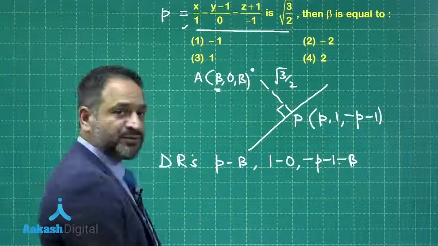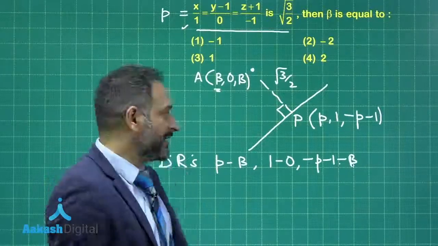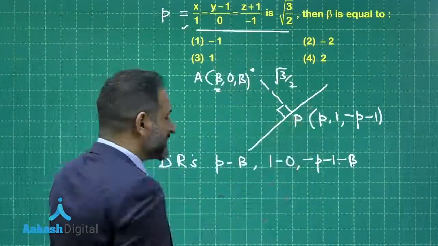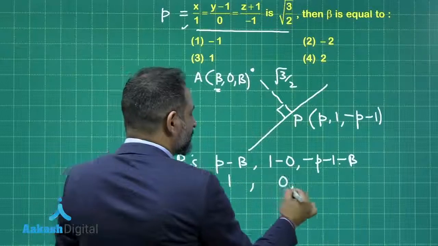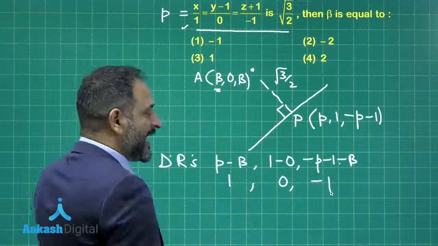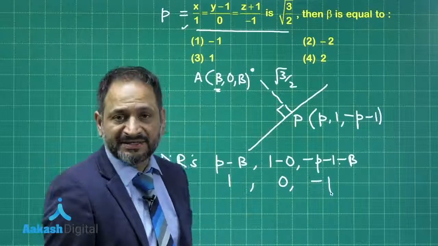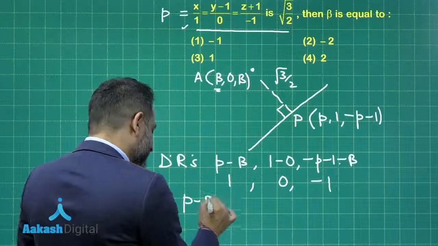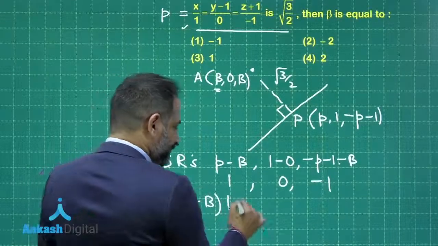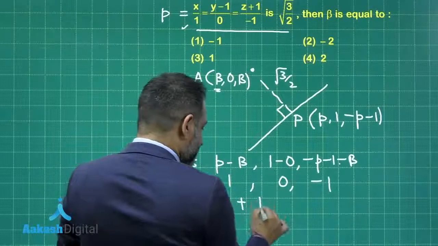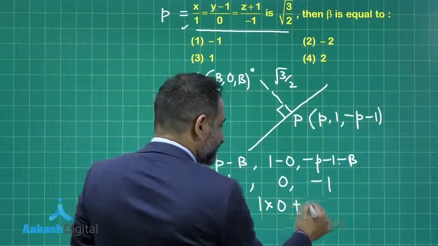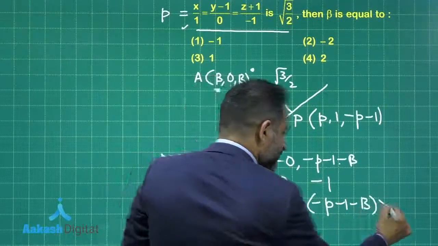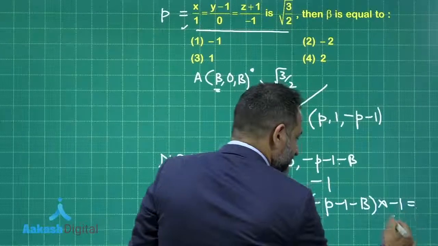Now, again I am going to calculate the direction ratios of this line which are given to us, that is 1, 0 and minus 1. Now, you know, if the angle between these two lines is 90 degrees, then the dot product will be 0, so we have this into 1 plus 1 into 0, and again minus P minus 1 minus beta into minus 1, this is equal to 0.